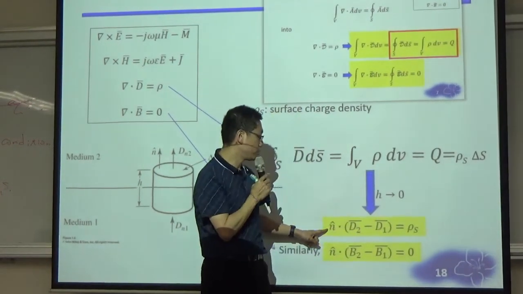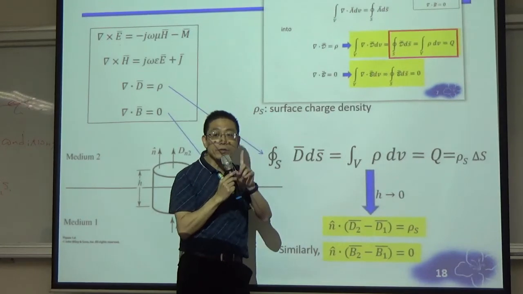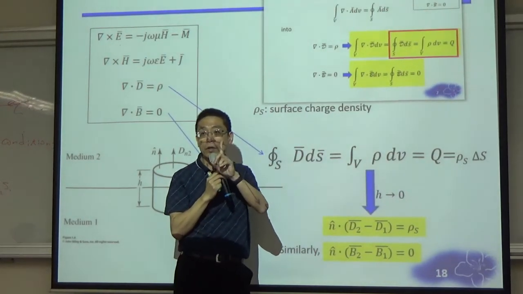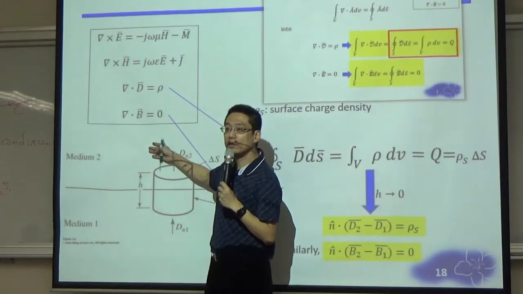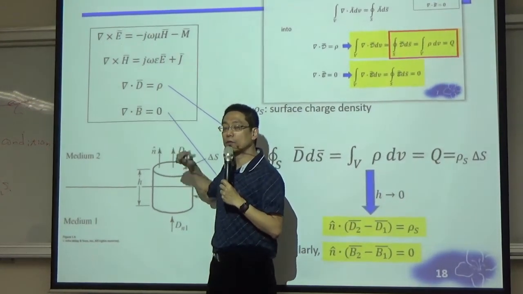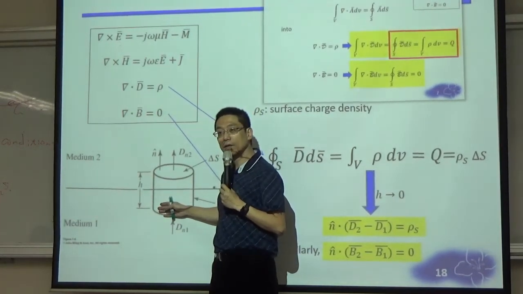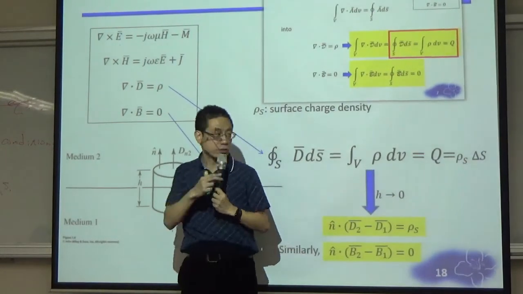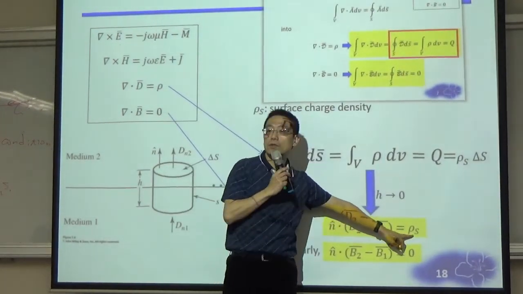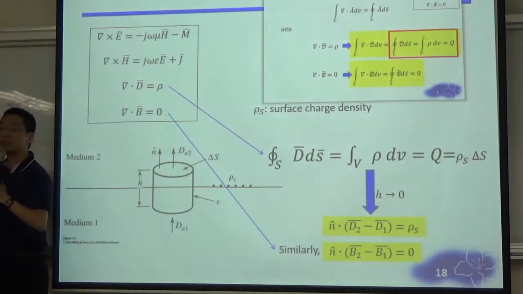If this is the normal direction, the normal component of your D field on the top and the D field in the bottom, the difference between these two D fields will equal ρS, which is the charge density.